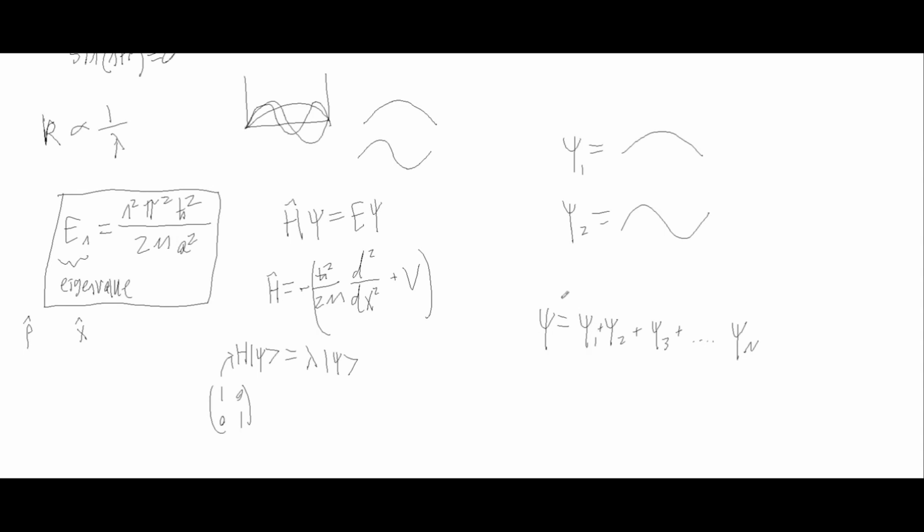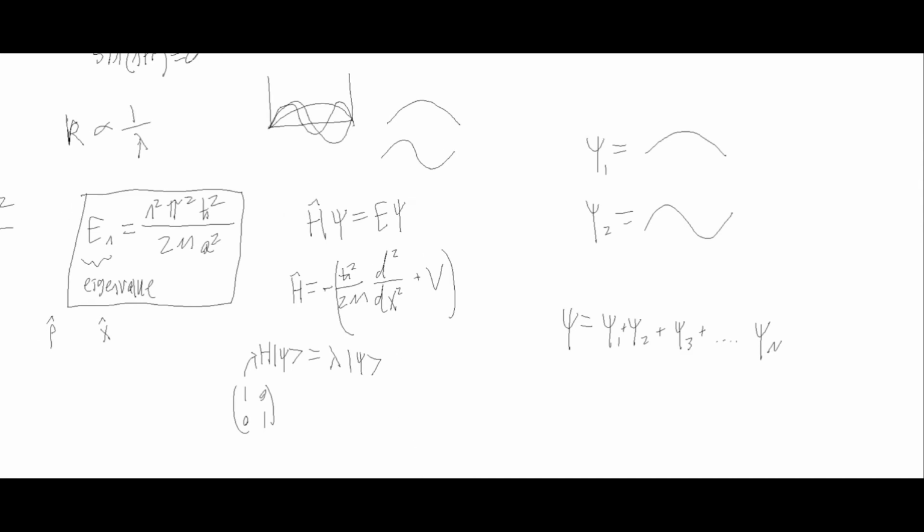But anyway, we will get into that more in later videos. But I just wanted to give a little bit of intuition here as to what this E actually is.